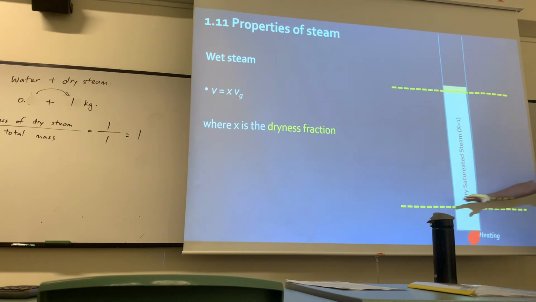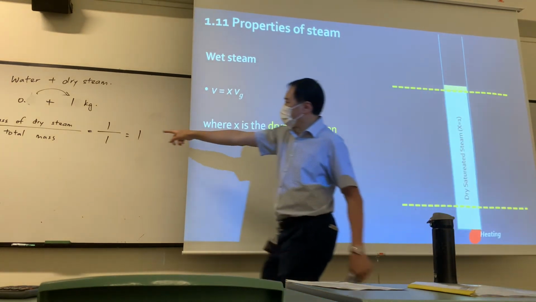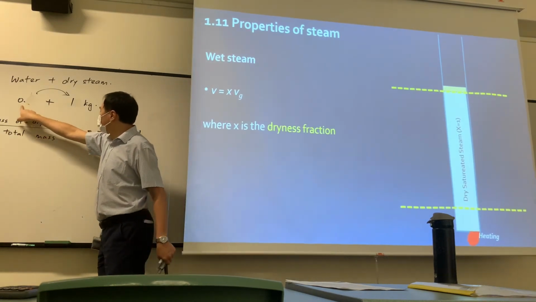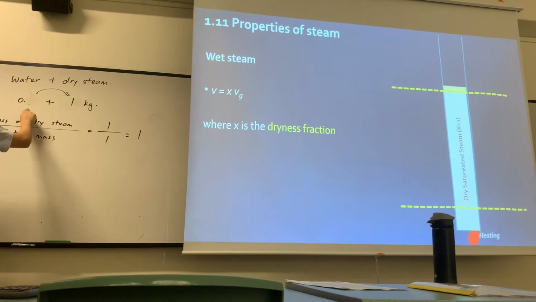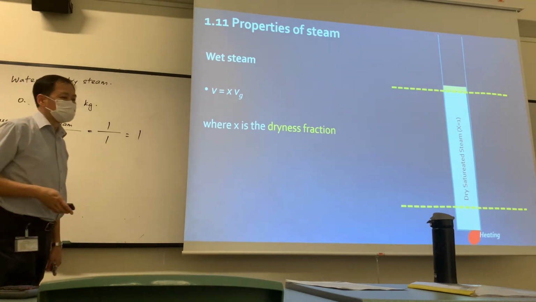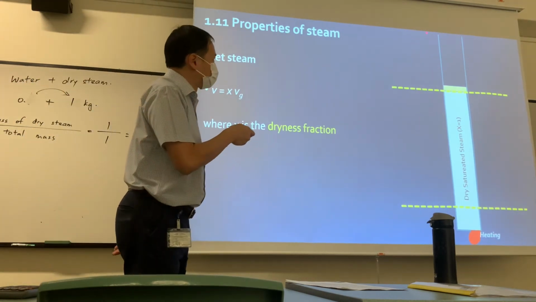It doesn't change. When the water starts to boil, it forms steam. Just now the water was 1 kilogram, then some of this water becomes dry steam. From just now until now, the temperature remains constant at 100 degrees C, at atmospheric pressure.